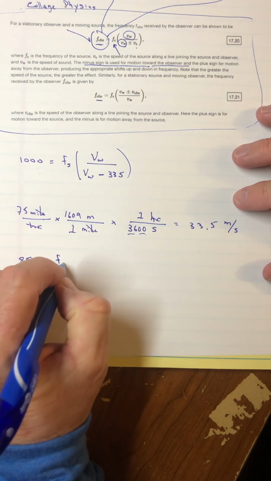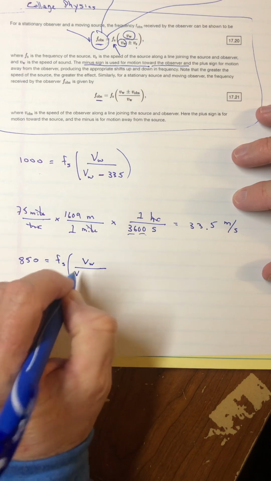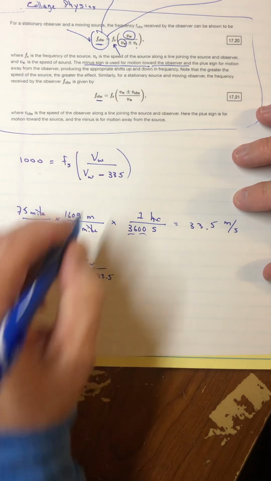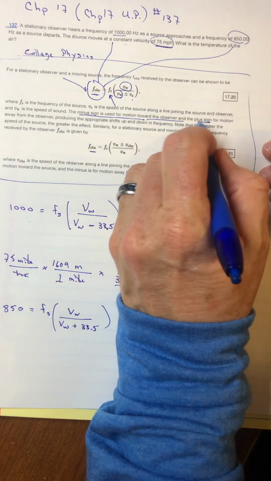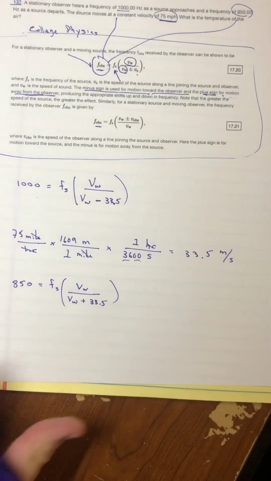And then you have the frequency of the source times the velocity of the wave, divided by the velocity of the wave. But this time it's plus 33.5. Okay, because somewhere in here it'll say the plus sign for motion away from the observer.